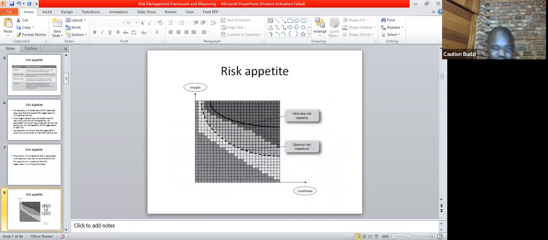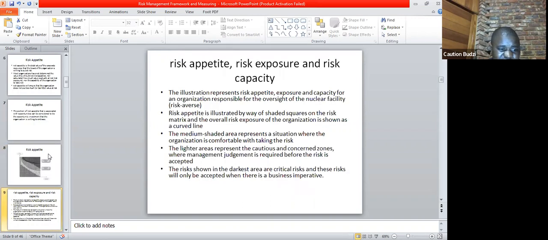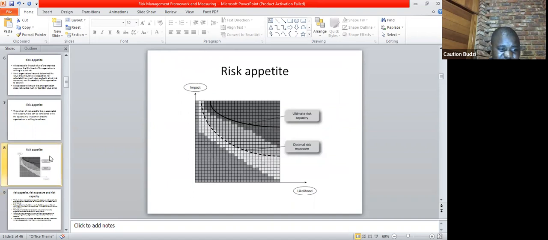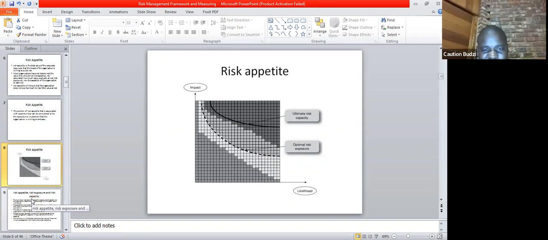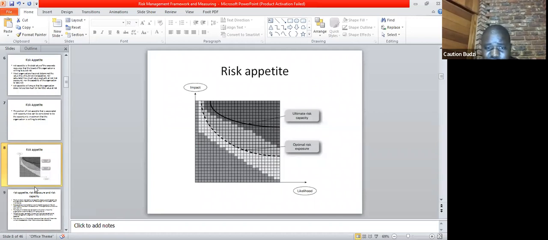So the question requires us to use a diagram to describe a risk appetite for an organization which is responsible for regulating the nuclear power plants. I've used this diagram of risk appetite, which shows the likelihood and impact of risk.